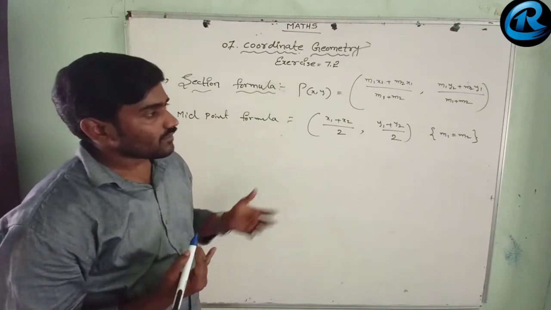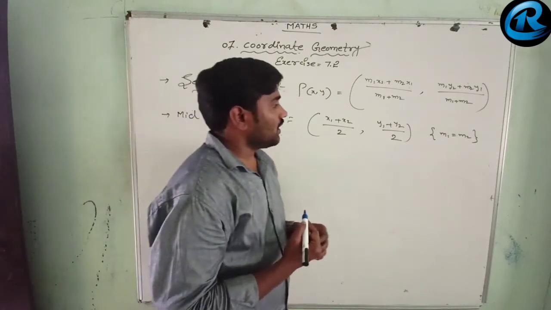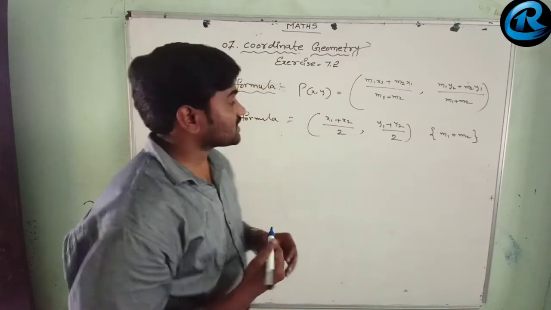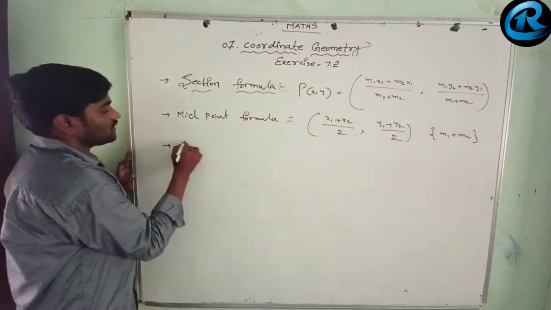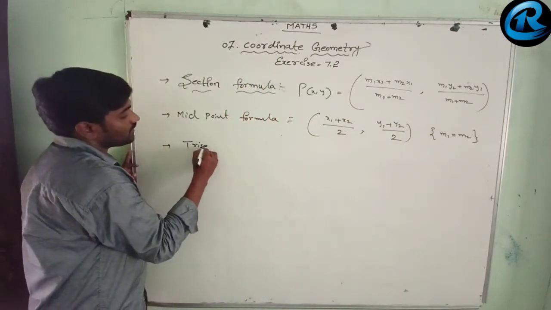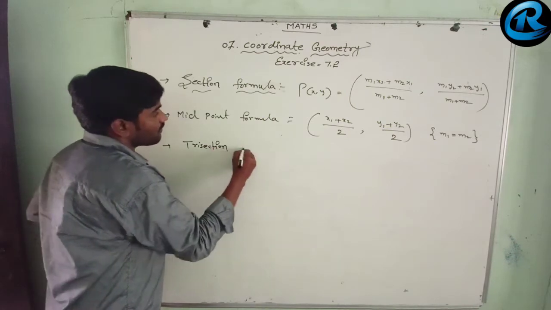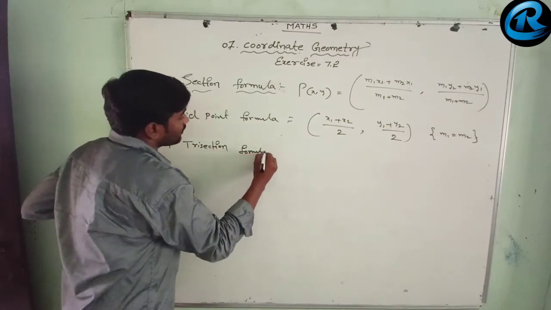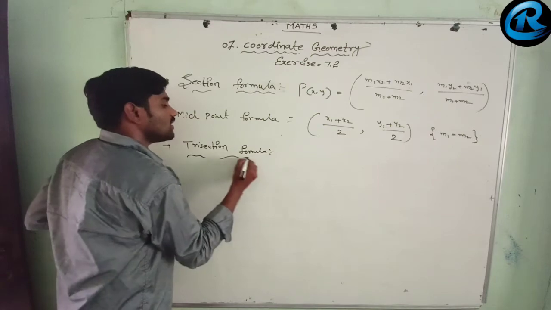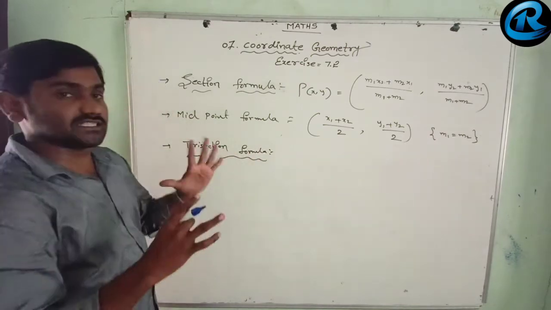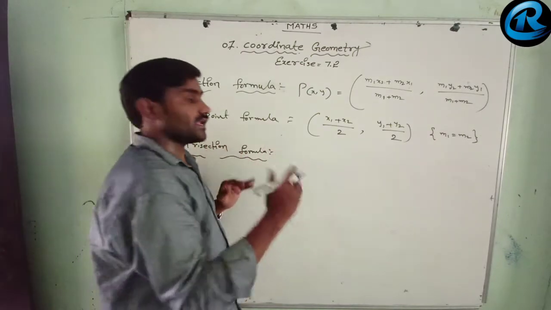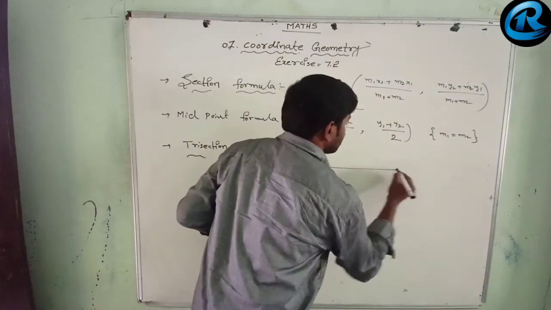Then again we go for one more formula, that is the trisection formula. What is the meaning of trisection? Dividing into 3 equal parts, that is called trisection.